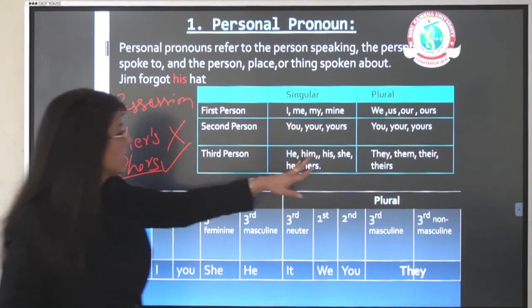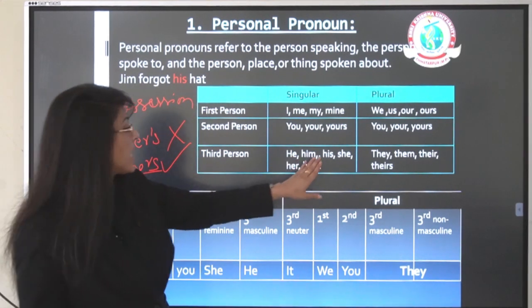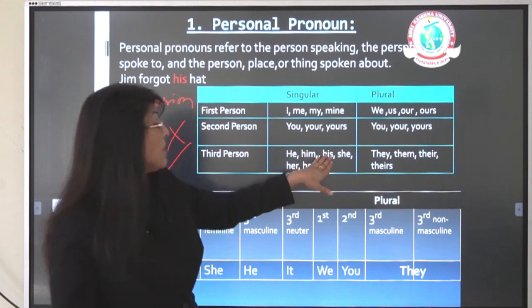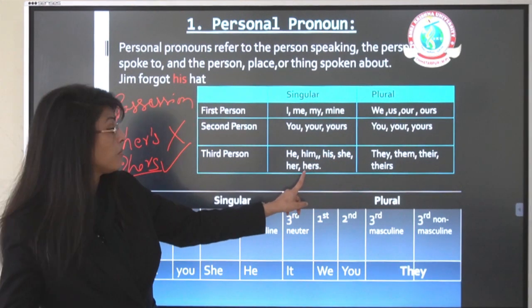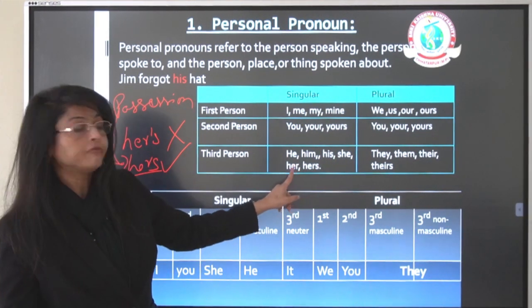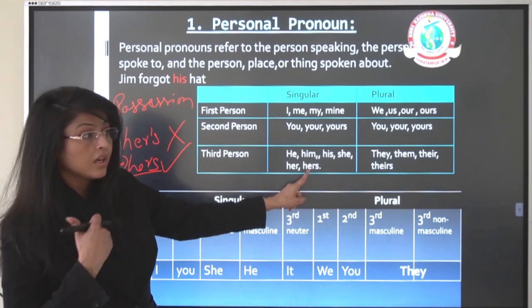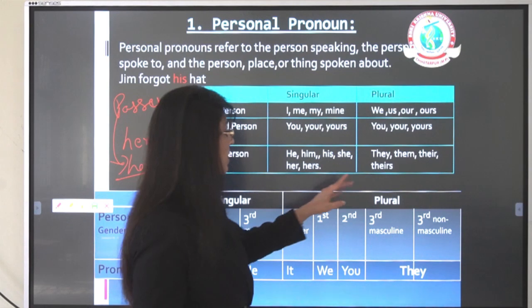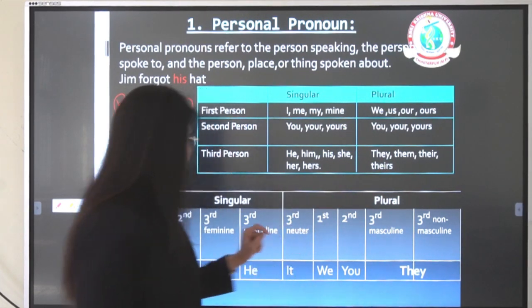Okay, this way. Now he, him and his all for masculine; she, her and hers all for feminine. Now hers is a possession. This pen is hers, okay? Similarly, their and theirs, the same case here also.